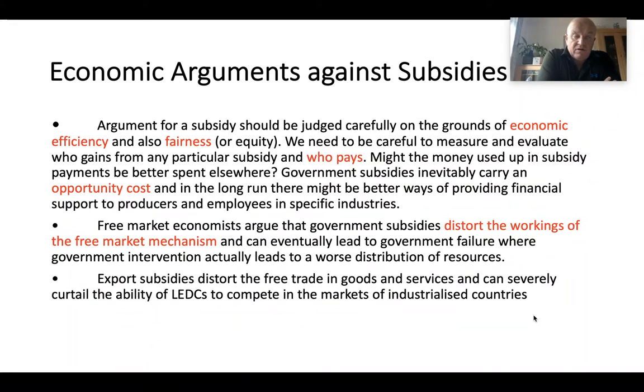So one could argue that is, in some cases, going to encourage some inefficiencies within businesses that are getting subsidies because they're not having to really stand on their own 2 feet in order to secure business and revenue and profits from their consumers.